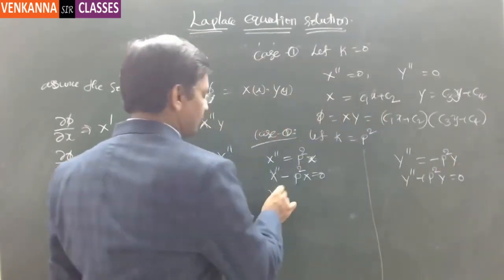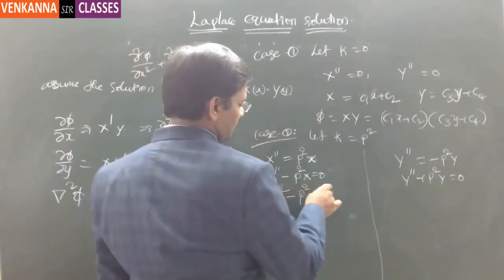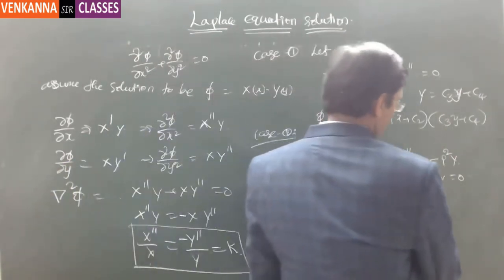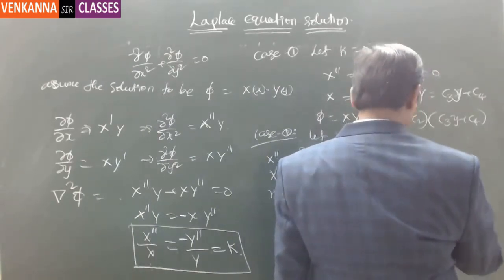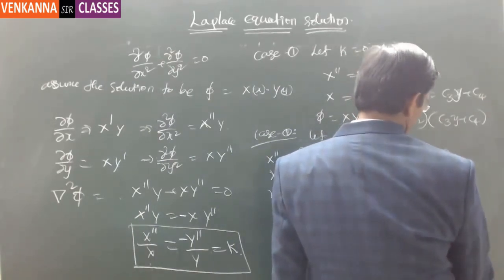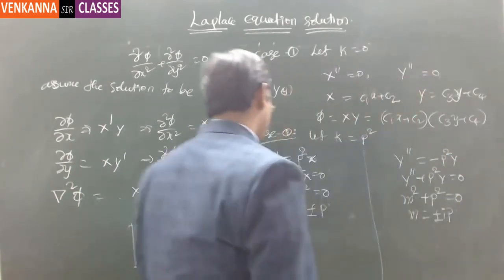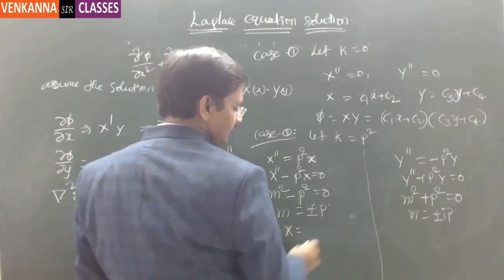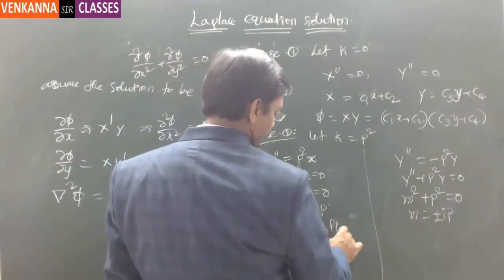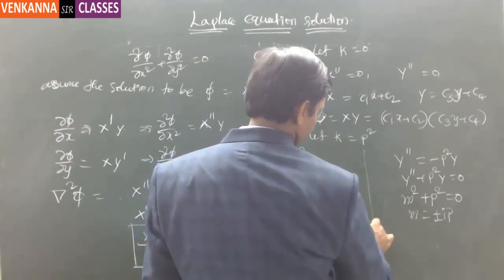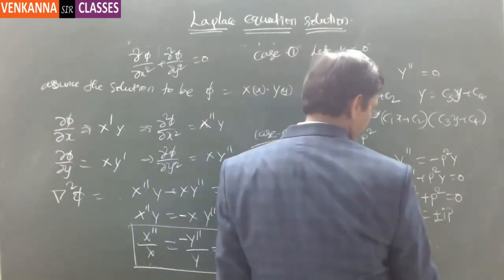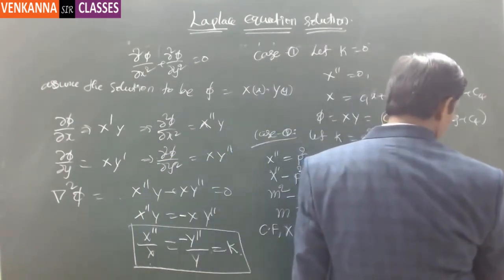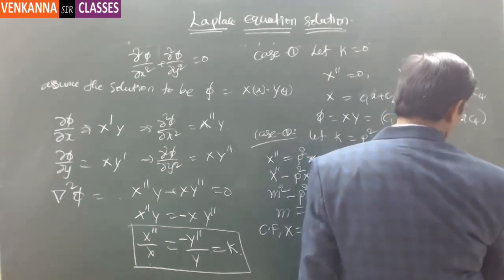Now the auxiliary equation for this is m square minus p square equal to 0, m is equal to plus or minus p, and here m square plus p square equal to 0, m is equal to plus or minus ip. Now the complementary function for this, x equal to c1 e power px plus c2 e power minus px, and here the general solution, that is the complementary function, is y equal to c3 sin px plus c4 cos px.